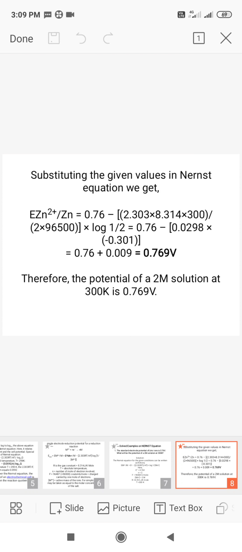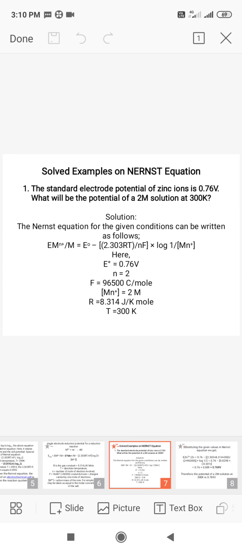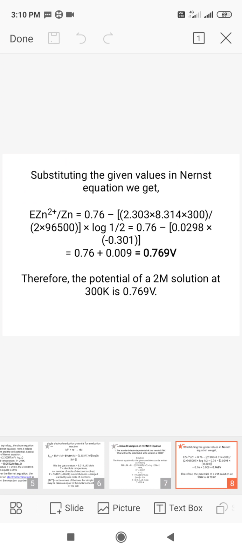On solving this problem, we get the EMF of the zinc electrode to be 0.769 volt. Therefore, the potential of a zinc electrode, which is in contact with a solution containing zinc 2+ ions of 2 molar solution at 300 Kelvin, is found to be 0.769 volt.